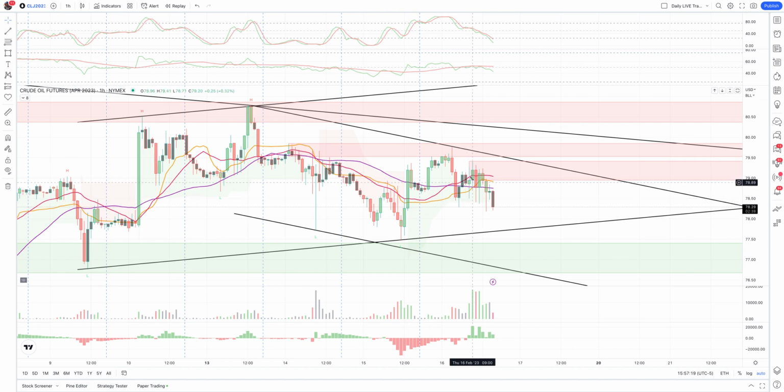Price, and you can see it here on the hourly chart, has just sucked back into the moving averages and VWAP over and over and over again. So when price gets tight like this, it's very hard to trade.